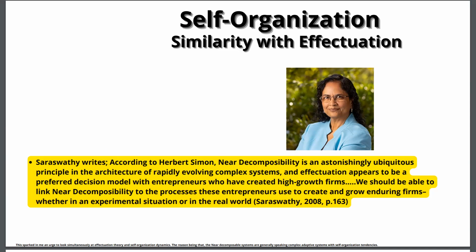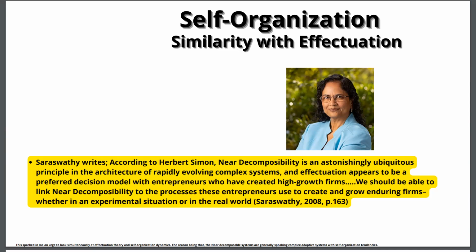So according to Herbert Simon, we should be able to link near decomposability to the process these entrepreneurs use to create and grow enduring firms, whether in an experimental situation or in the real world. This quote sparked in me an urge to look simultaneously at effectuation theory and self-organization dynamics.